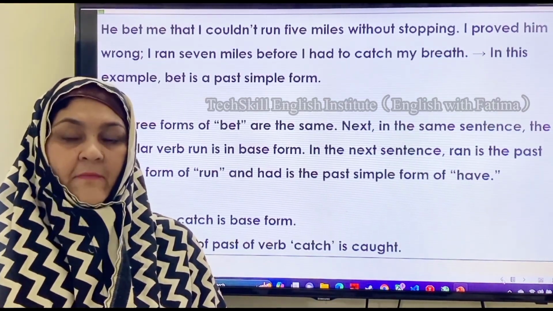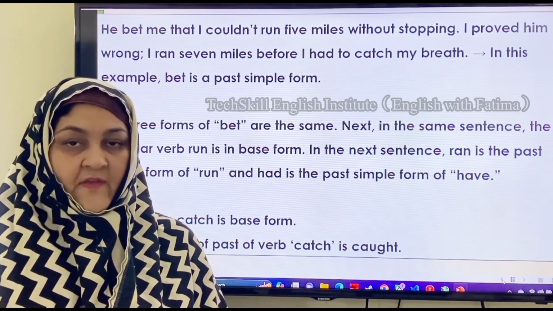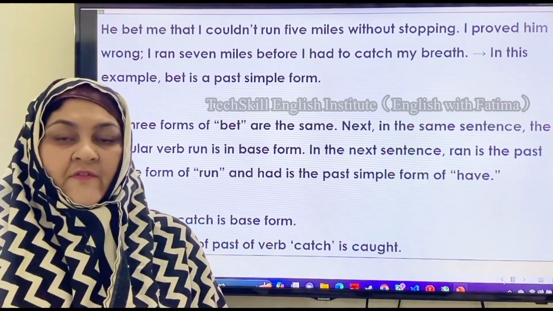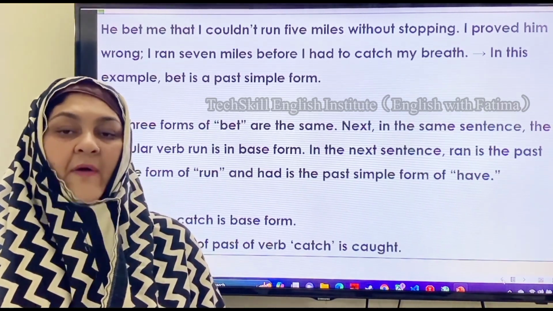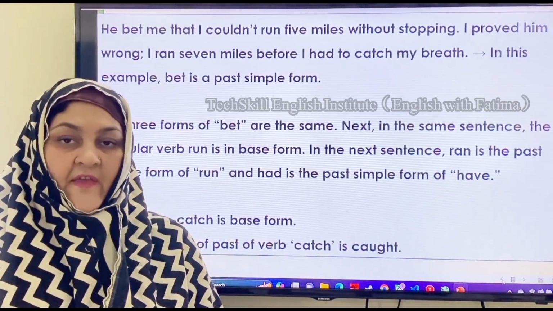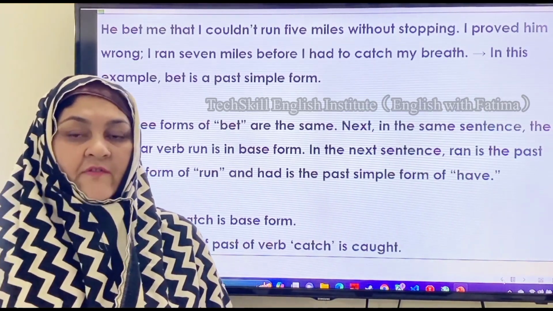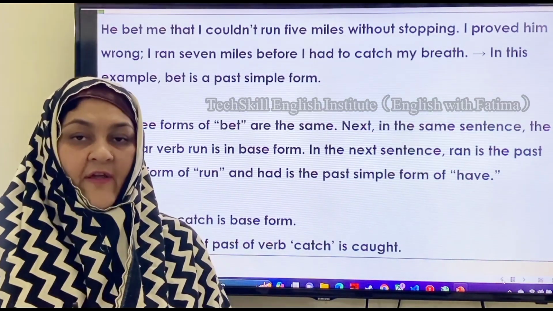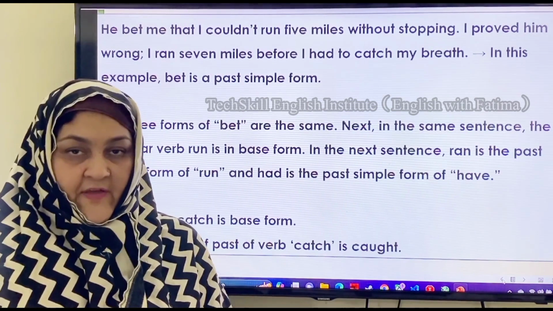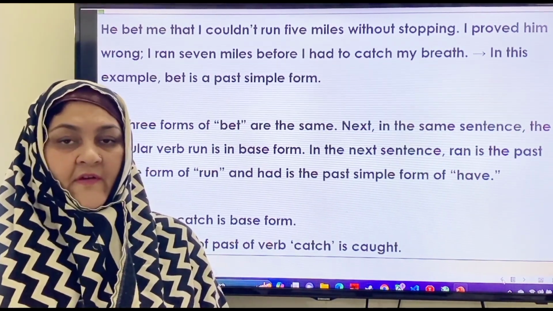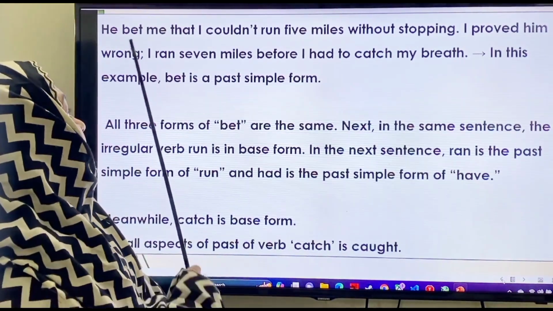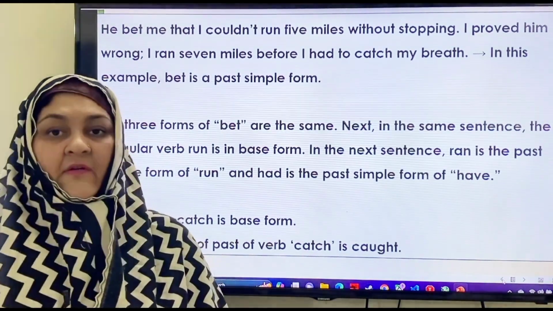The past participle form of catch is also caught. So caught, past simple and past participle, both have the same spelling. These do not end in the regular way. Got it? So that we call an irregular verb.